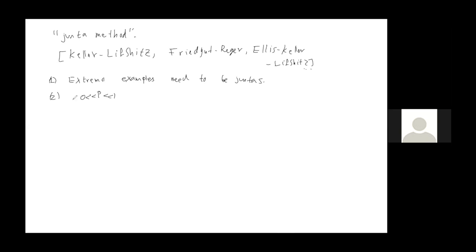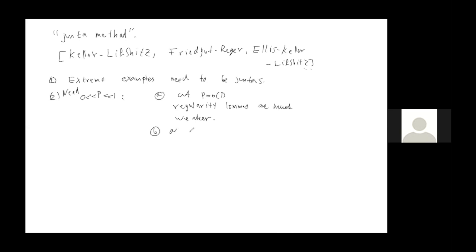And this is really for two reasons. So the first reason is that if you look at P that is small, the regularity lemmas that you can prove are much weaker. So that's one thing.